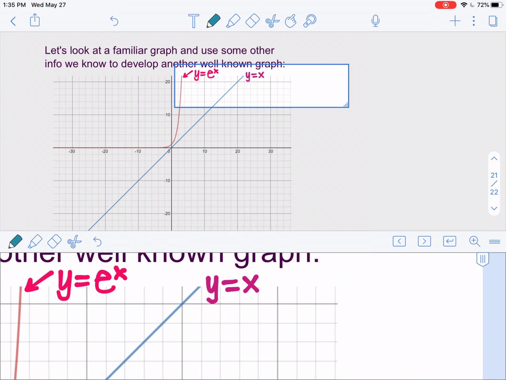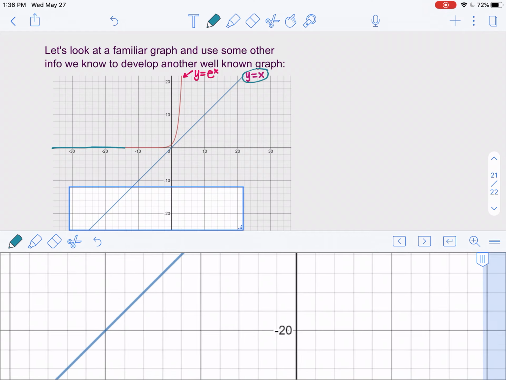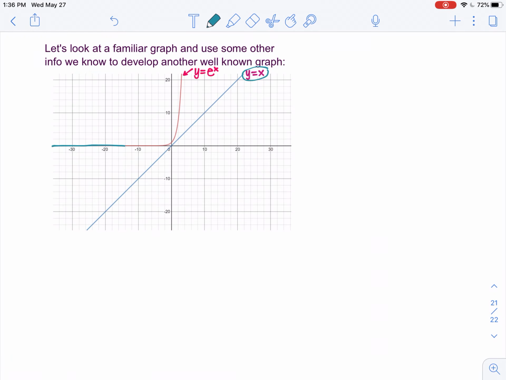When you reflect around this line, you're basically interchanging or swapping the x's and y's. So if I take a look at this horizontal asymptote, this part is going to become a vertical asymptote in this reflection.